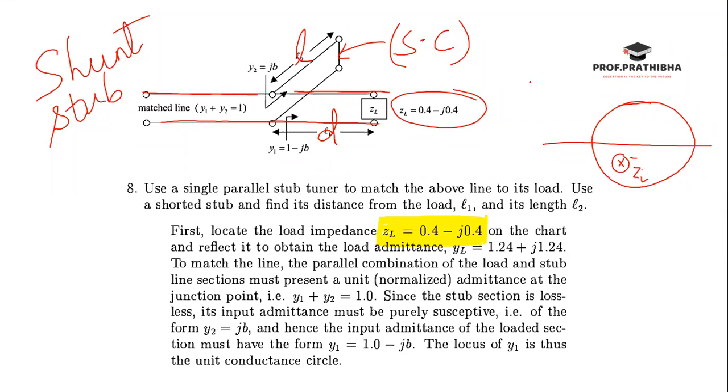Just take down this problem. That means you only have to copy this diagram and plot the value of ZL. Have you finished? Then please indicate in the chat box so that I know you have completed. Just indicate that you have plotted the point 0.4 minus j 0.4. I've just asked you to plot one point.